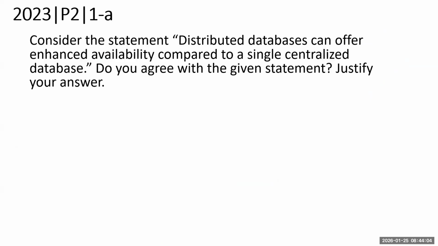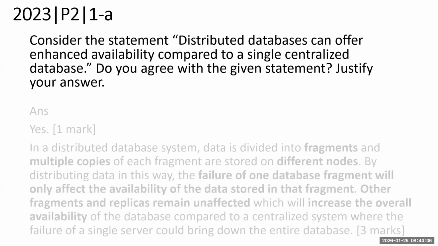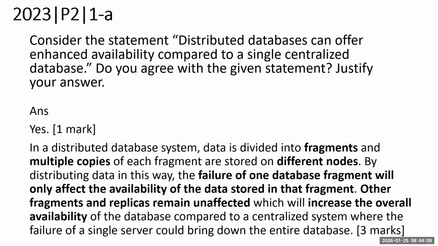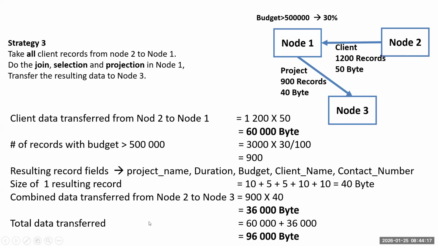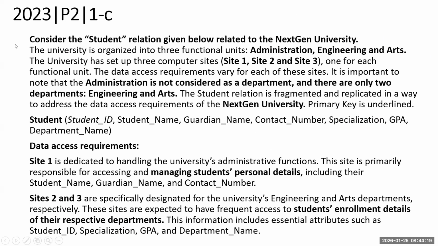So then the C part. Now we have done the A part, B part. Now we are into the C part. So the C part says, consider the student relation given below, and so on. This is a different question.